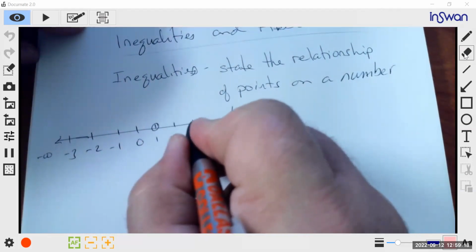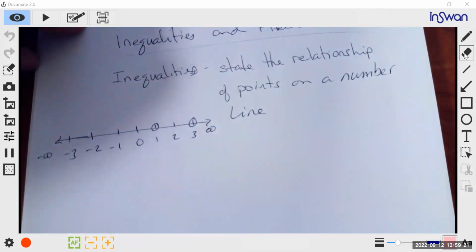Let's look at the numbers 1 and 3. What can you tell me about the numbers 1 and 3? They're both positive. But it doesn't tell us anything else about them. Can anybody else tell me anything else about them? They are both odd numbers. They're both positive.